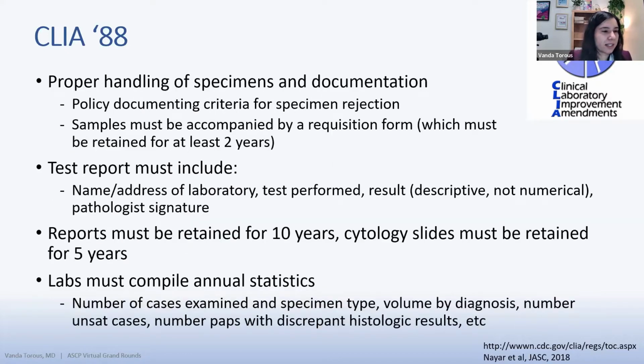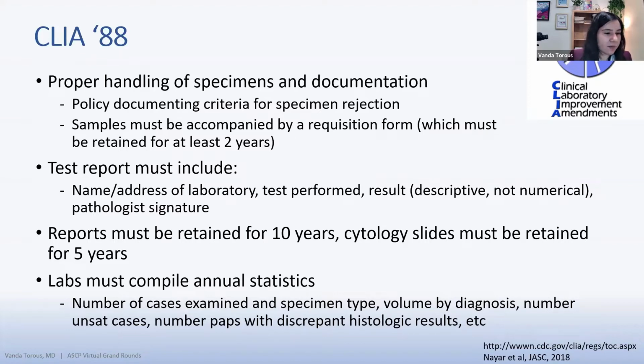What came out of this was that we needed proper handling of specimens as well as proper documentation. So things like policies need to be in place for documenting criteria for specimen rejection. Also, samples must be accompanied by a requisition form, and there are a number of things that are mandated to be on requisition forms as well.